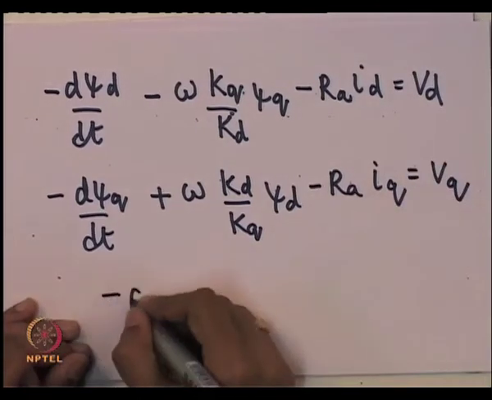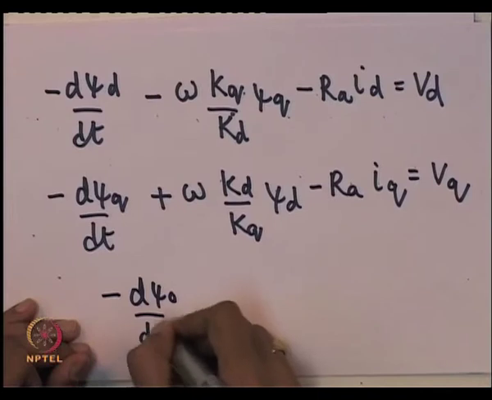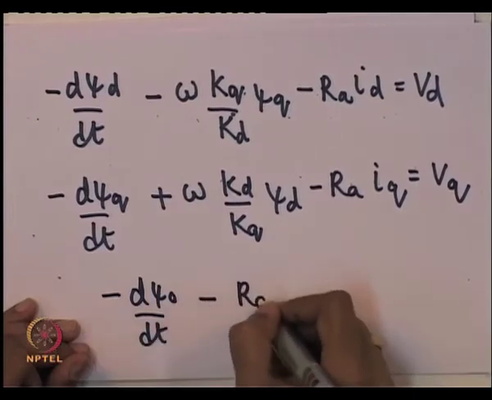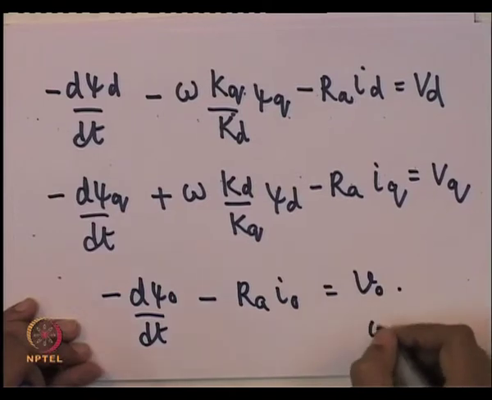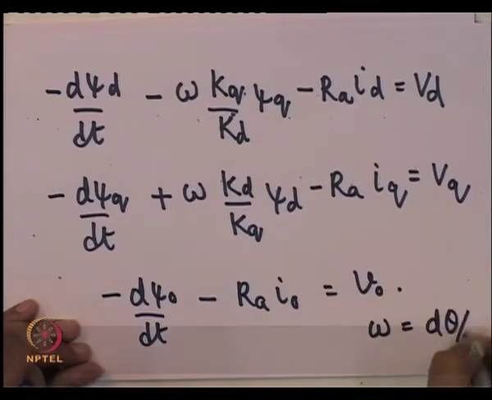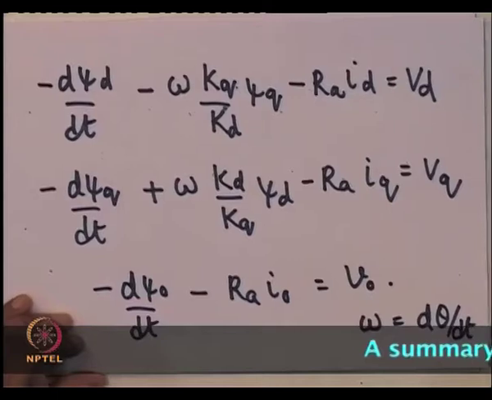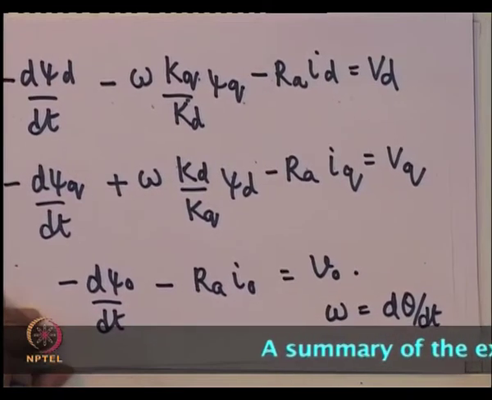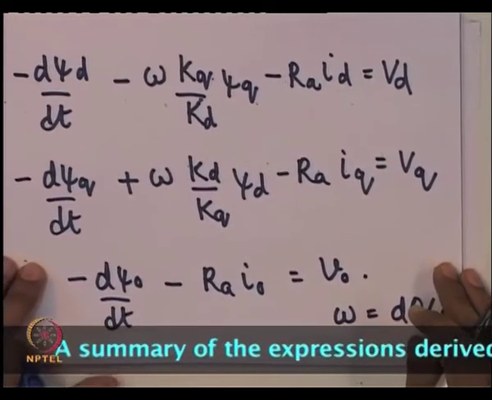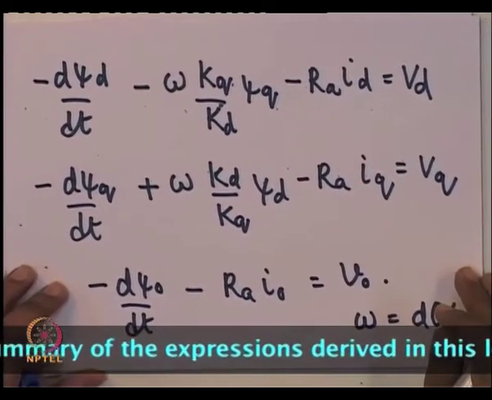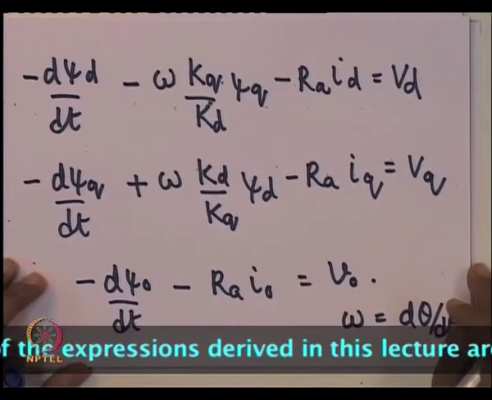And minus d psi 0 by dt minus Ra I0 is equal to V0, where omega is equal to d theta by dt, or theta dot. Okay. So, if it is not clear, I am just spanning this a bit.